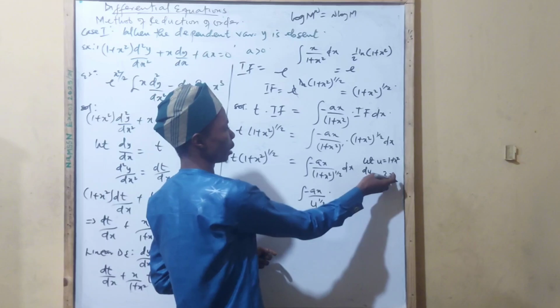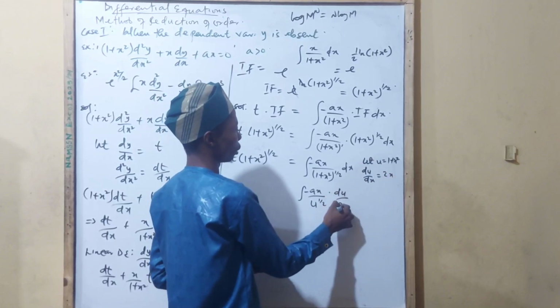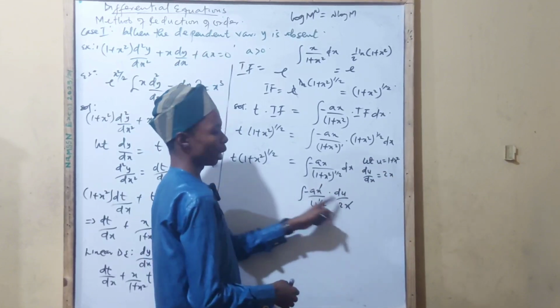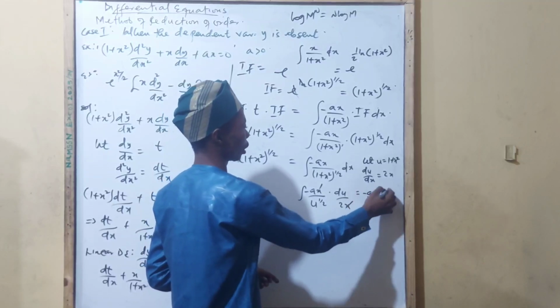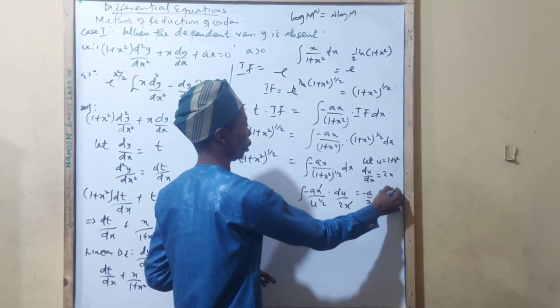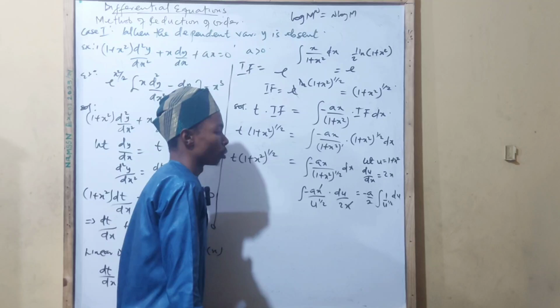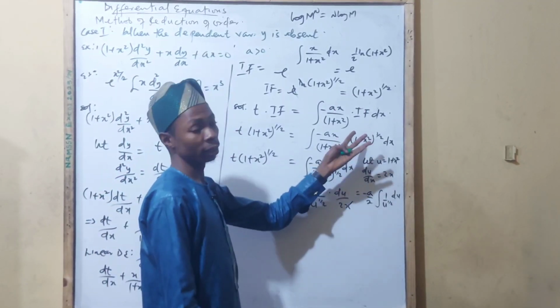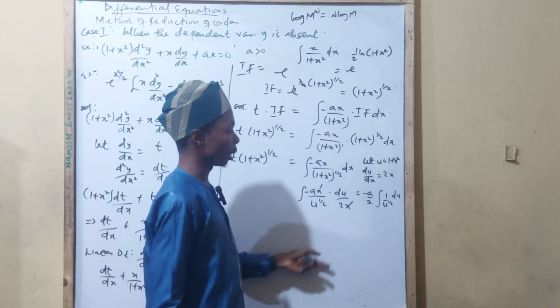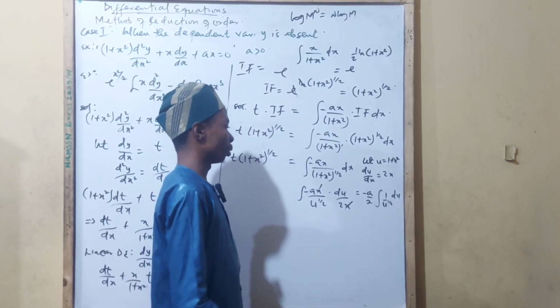And if du dx is 2x, then dx will be du over 2x. So x cancels x. A over 2 is a constant. So we are going to have minus a over 2 times the integral of 1 over u raised to power half du. So how do I integrate u raised to power minus half? Standard integral. You add 1 and then you divide by the new power.